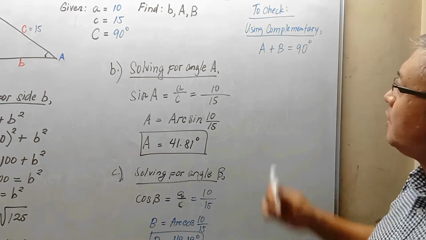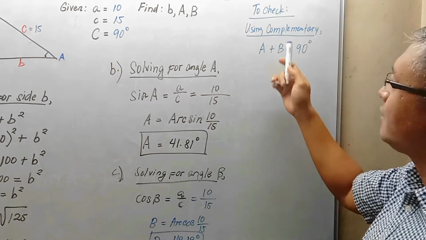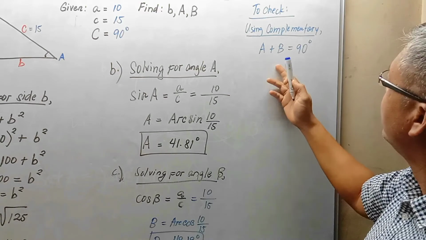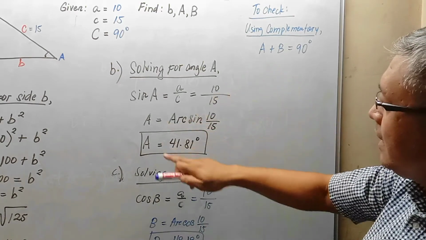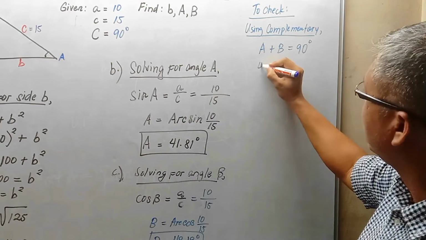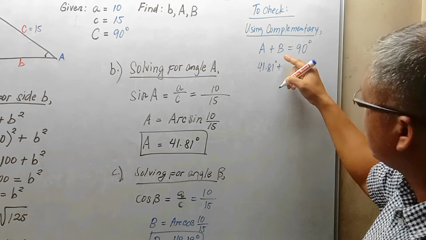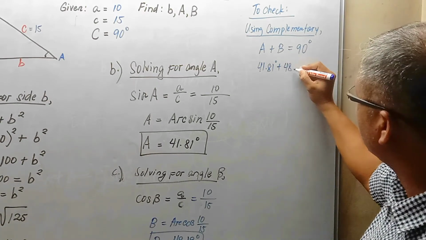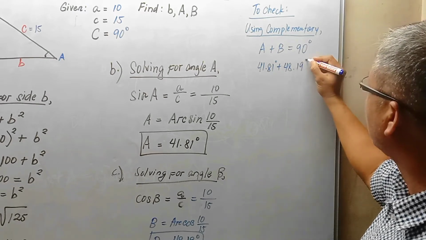Correct? Remember this formula, guys. For a right triangle, we can apply the complementary theory. Now, how much is the angle A? Angle A is 41.81. Plus the angle B is 48.19.